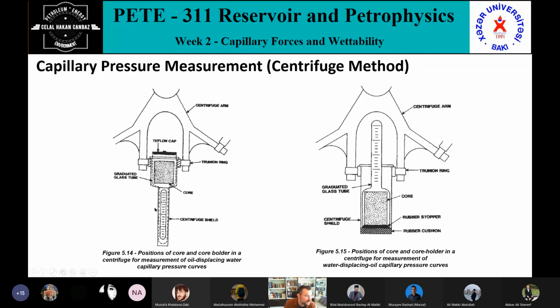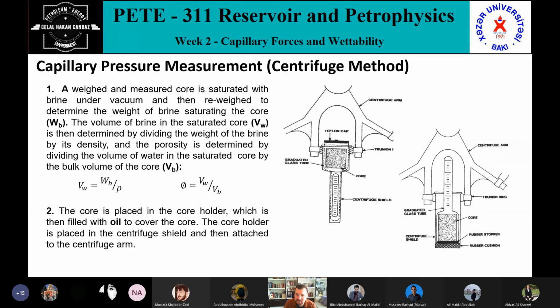So the positions can change, and according to these positions, oil displacing and water displacing procedures get applied, and you record your values. Very old method, simple method compared with the others.